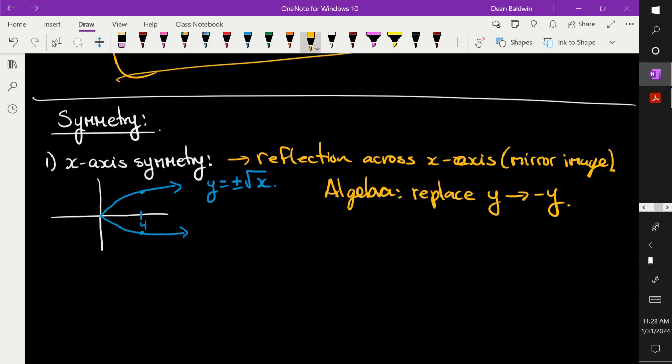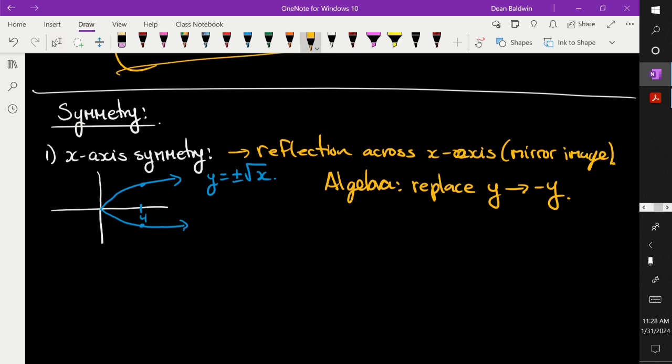Replace y with negative y, and you get the same graph.